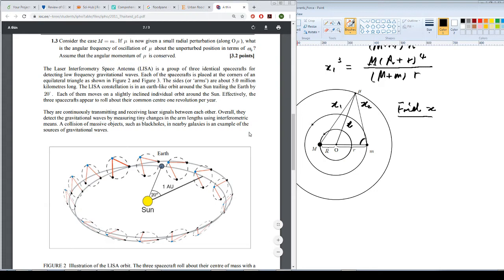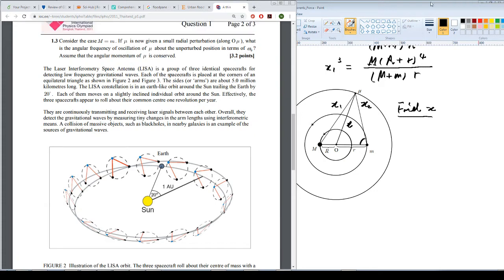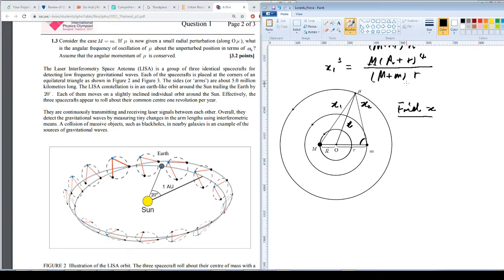Now there are a couple of ways. There are two ways to go from here to find this omega.